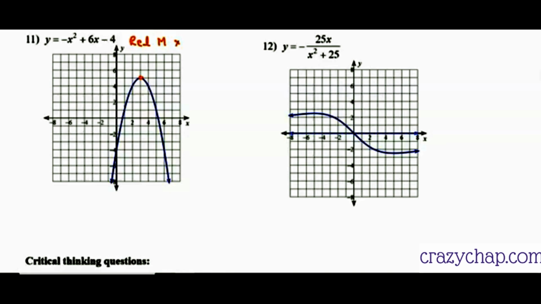So the absolute maxima is the point 3 comma 5. And is there any absolute minima? No, there is no minima because the graph keeps on going down and down and down. So there is nothing like most minimum. Okay, so we'll write no absolute.